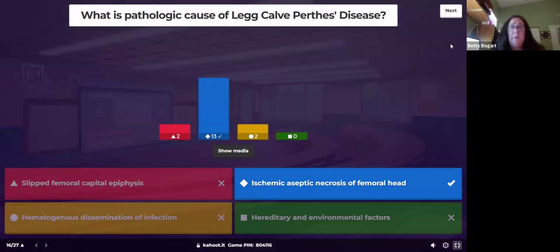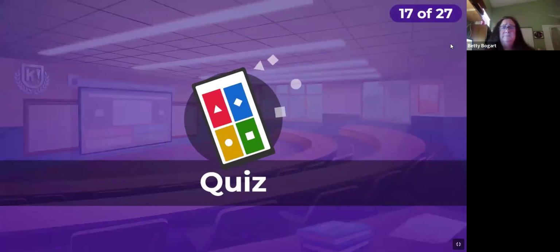So, Legg-Calvé-Perthes is ischemic aseptic necrosis. That means the blood stops going to the head of the femur. It's not due to infection, but it happens. And again, remember, treatment is rest and NSAIDs, maybe traction, and a good protein diet.